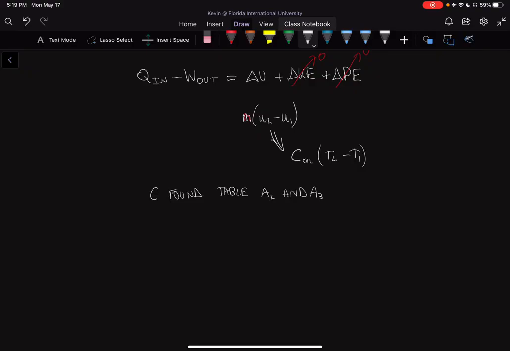So we are told that we have a 50 kilogram iron block. So I'll write example here so we know it's an example.